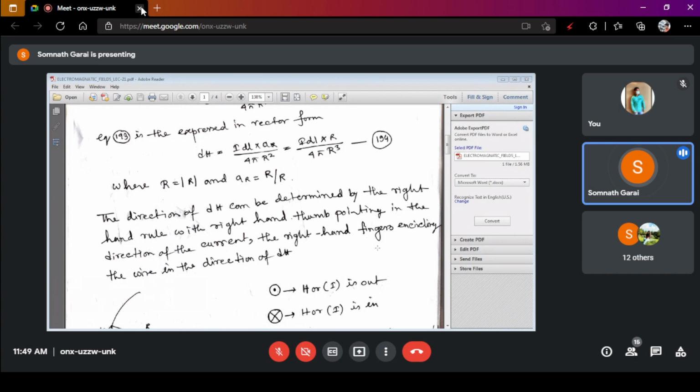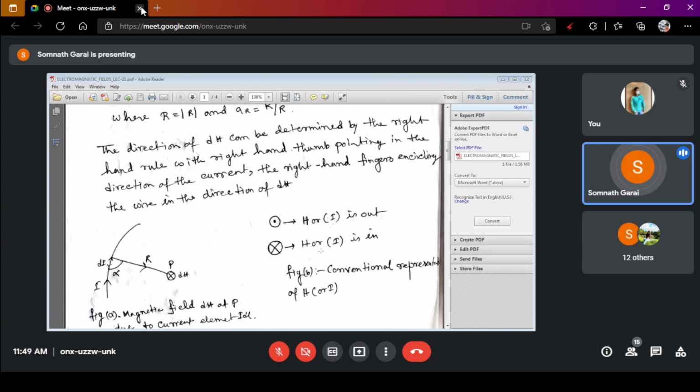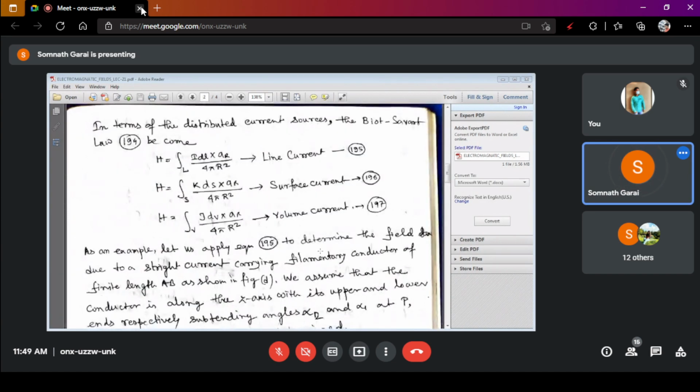So that is the basic concept of magnetic field intensity denoted by the Biot-Savart law.